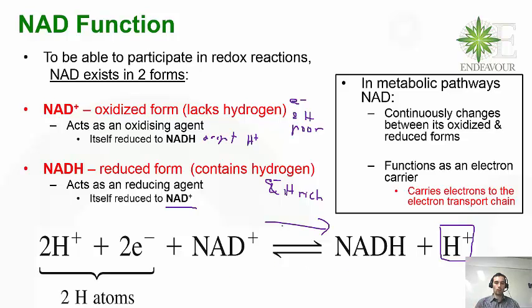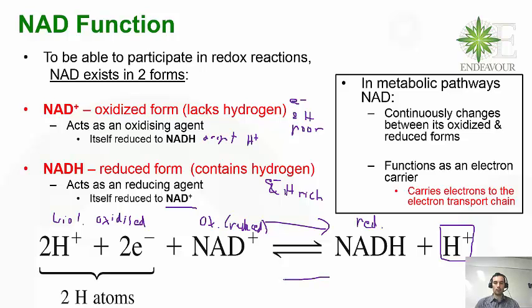When we're going from left to right, we're going from the oxidized form of NAD to the reduced form. That means that the biological molecule that we're taking these hydrogens off is being oxidized by our NAD+, which is itself being reduced because it's gaining hydrogens.